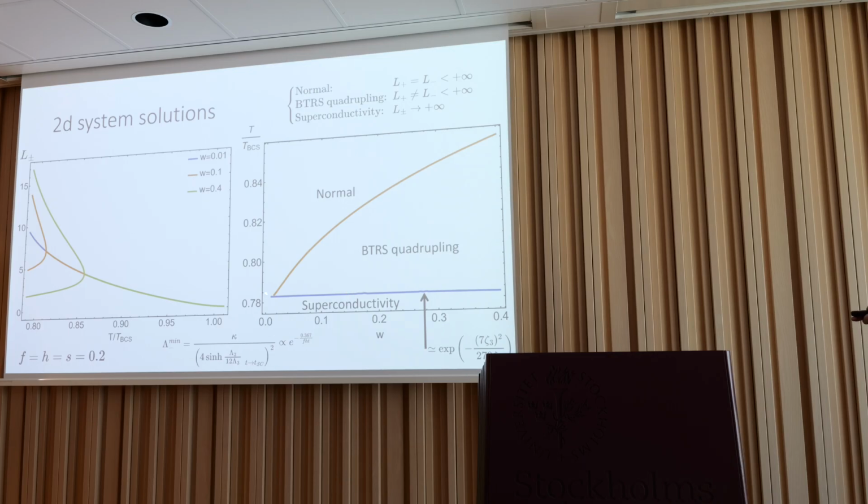We can also estimate the minimal value of this lambda minus, or density-density interaction, at which BTRS quadrupling is present, and in the deeply weak coupling limit it's exponentially small. So in principle, in the weak coupling limit, almost certainly all of the space between superconductivity and T star would be a BTRS state.